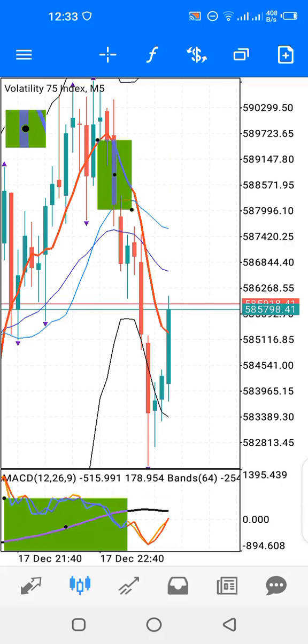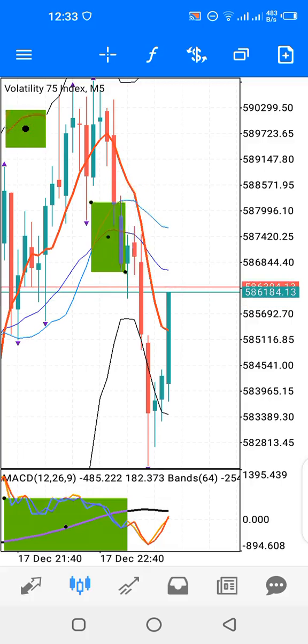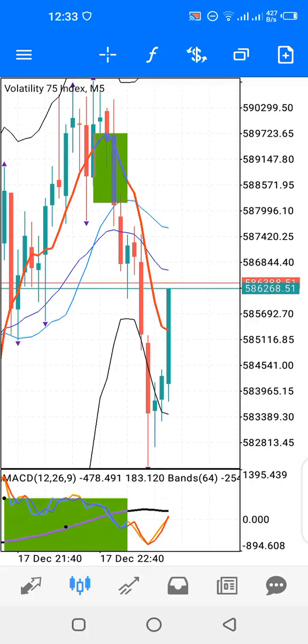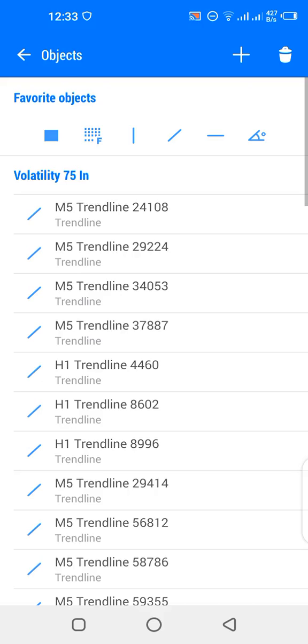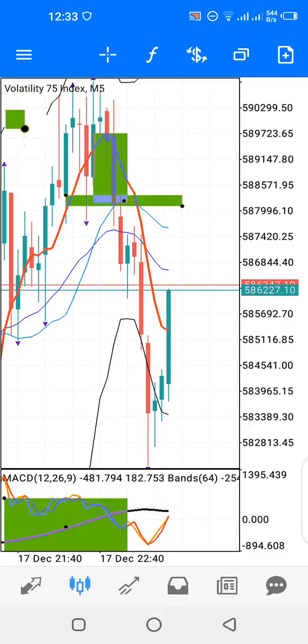Once you have something like this, you sell. You place your sell trade somewhere around here after the close of the 5-minute candle.